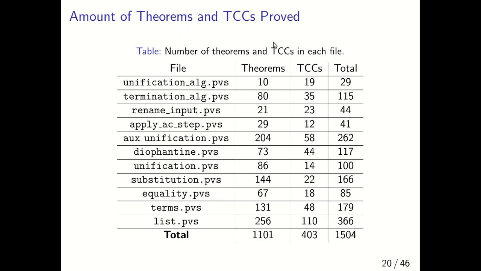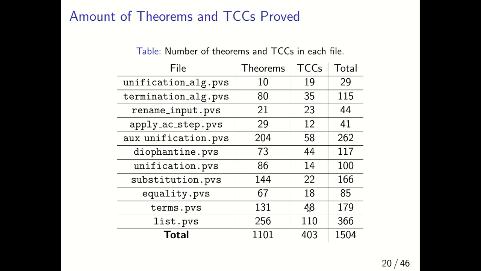TCCs means type checking conditions, which means roughly that the types that you're passing as input really are the types that you should be passing as inputs. And almost all of these TCCs were proved automatically by the system.